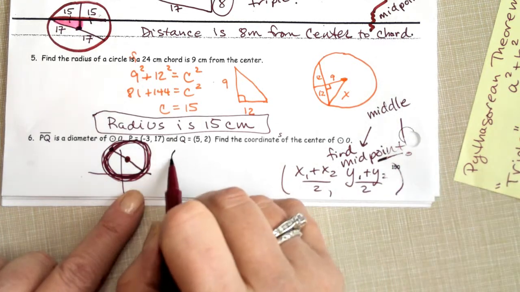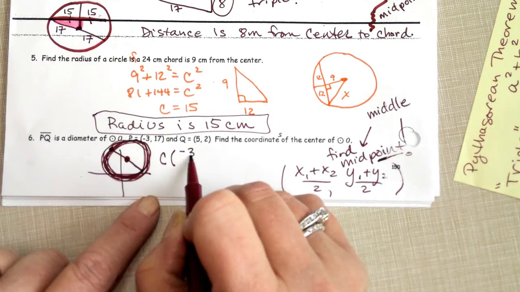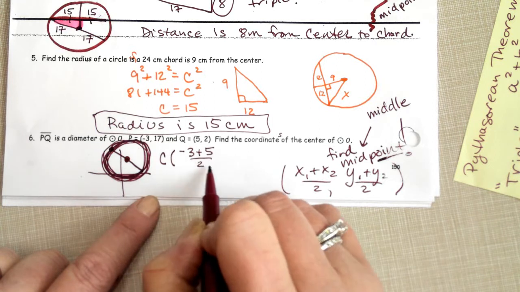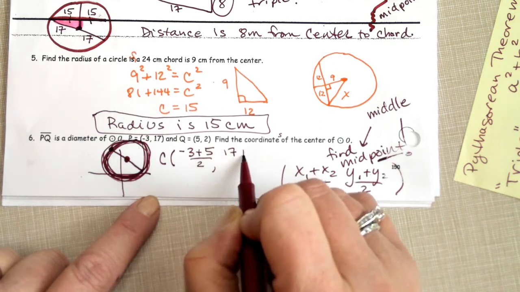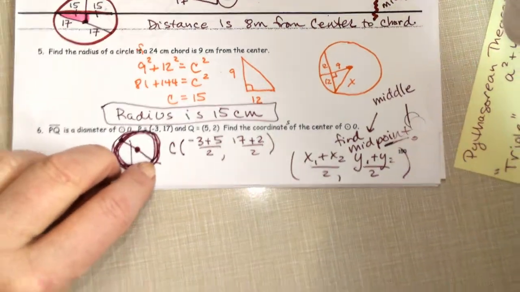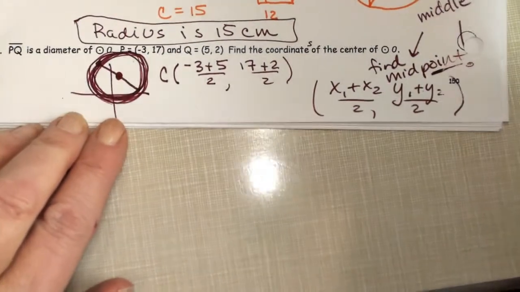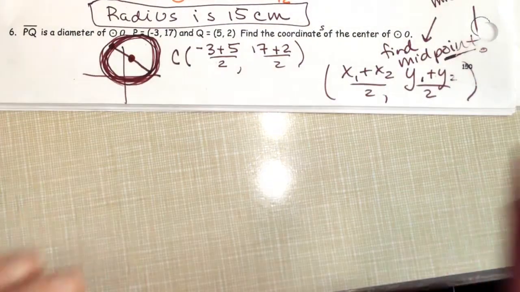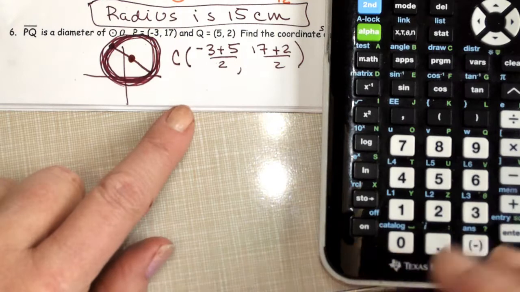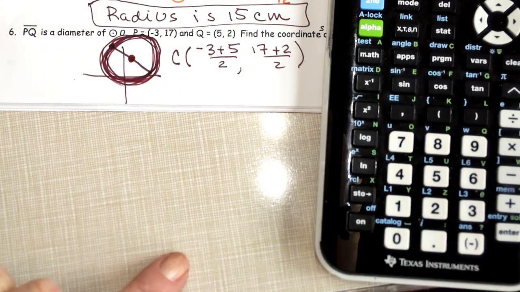So this midpoint, i.e. the center, is (-3 plus 5) divided by 2, (17 plus 2) divided by 2. Now here, let me give you a super duper big calculator lesson, boys and girls. First off, everyone do this by hand.